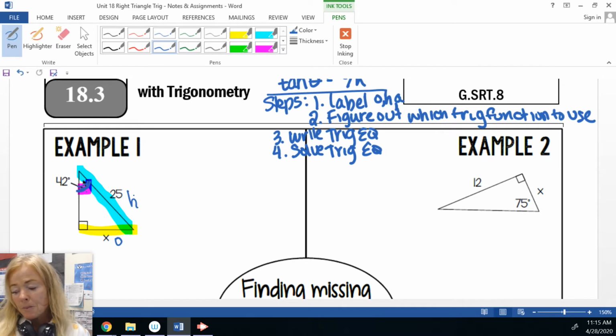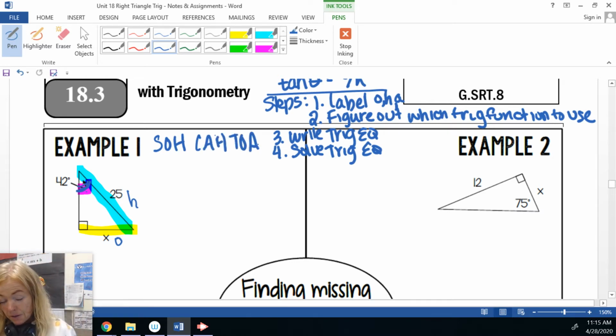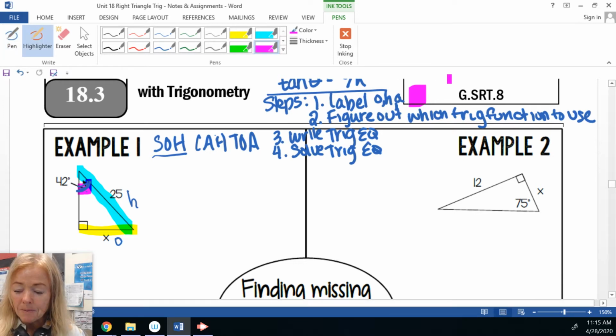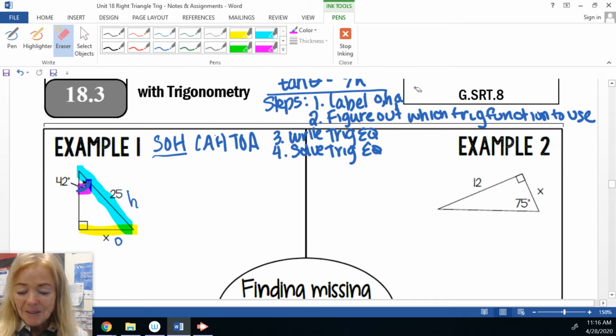Now, then we go back up and we look at, remember, I'm just going to write it down, SOHCAHTOA. Remember we talked about that in Unit 18.3. With O and H, that's our sine. S stands for sine. So sine is opposite over hypotenuse. So once we've labeled our O's, H's and A's, we're done with that.